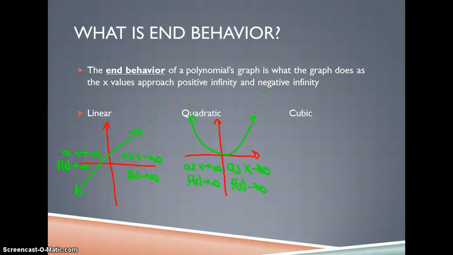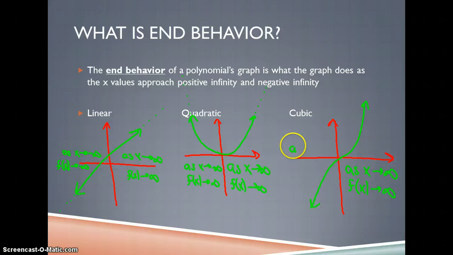A cubic. We have not seen graphs like this yet, but it looks something like this. And in this case, as x goes to infinity, f of x goes to infinity.